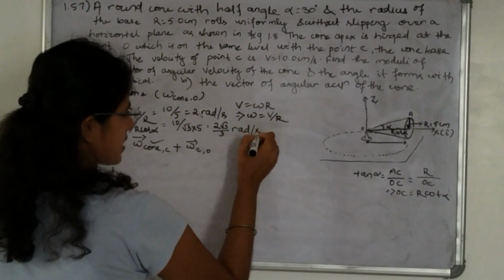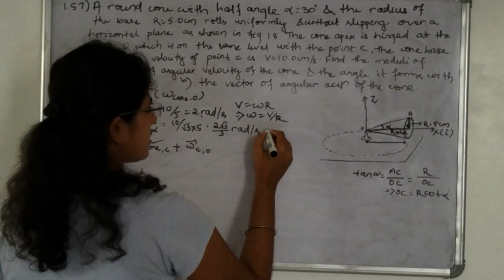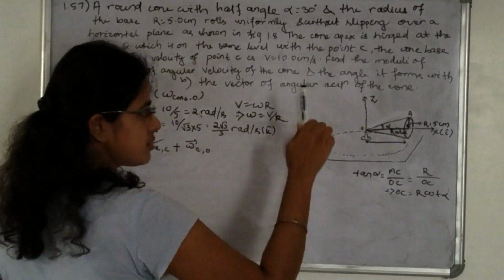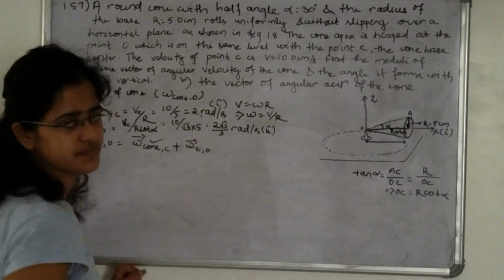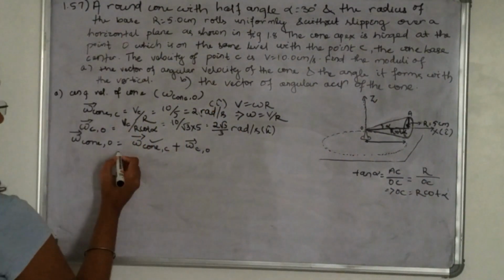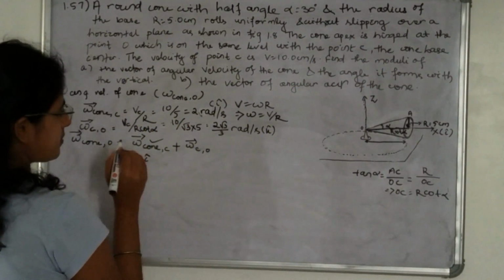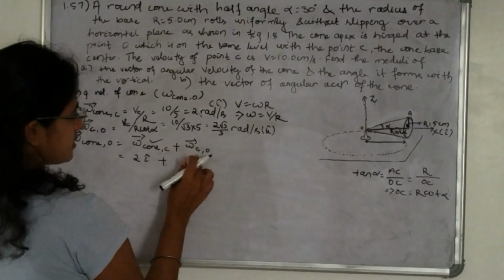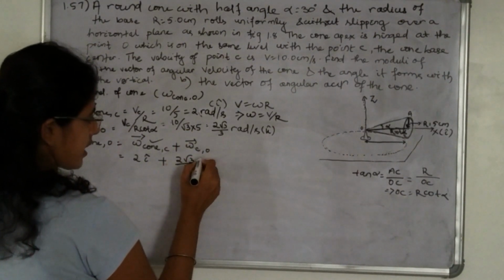radian per second. Okay. So this is along which axis? K cap, along the Z axis. And this is along which axis? I cap, along the x axis. So this is 2 I cap plus 2 root 3 divided by 3 K cap.